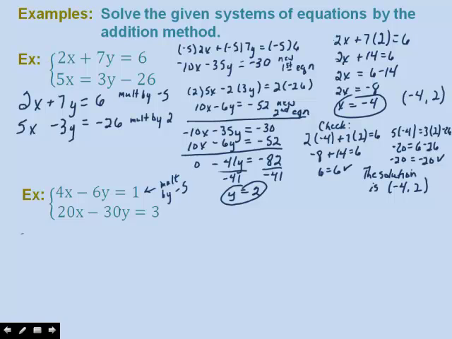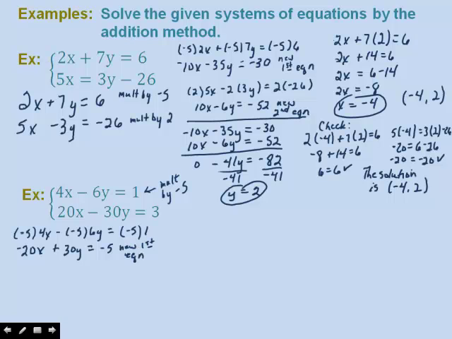So for our first equation, we're taking negative 5 times 4x minus negative 5 times 6y is equal to negative 5 times 1. That gives us a negative 20x. This would be a positive 30y. And on the other side we have a negative 5. So that's our new first equation.